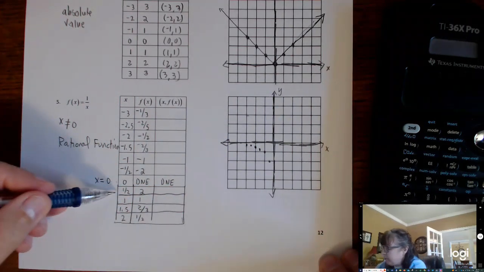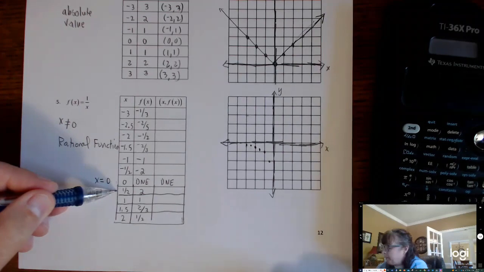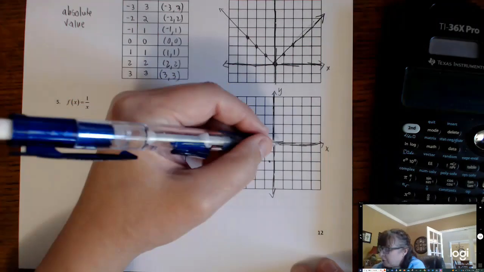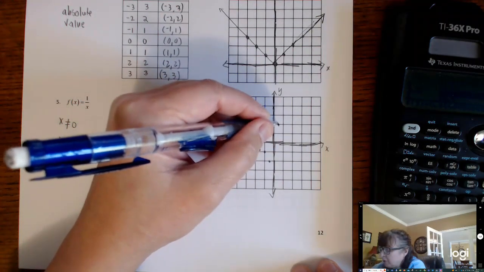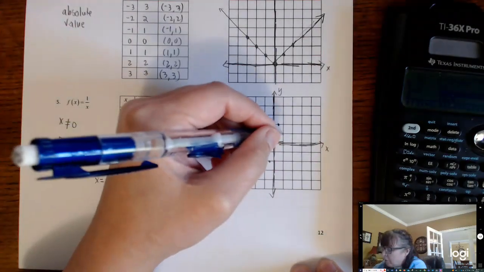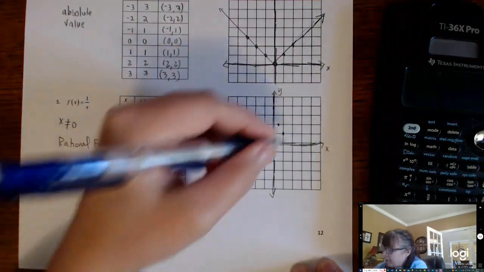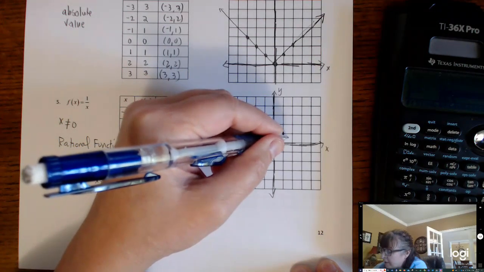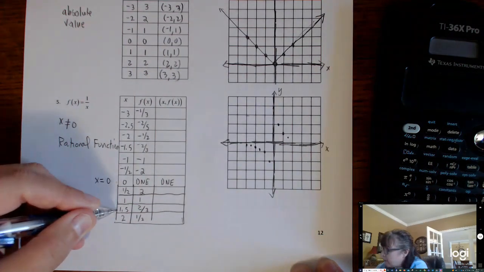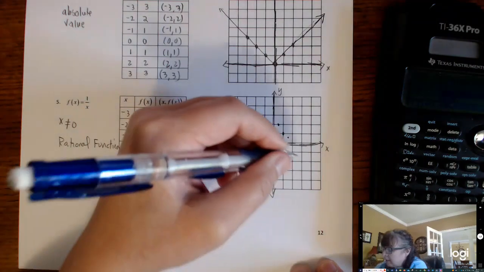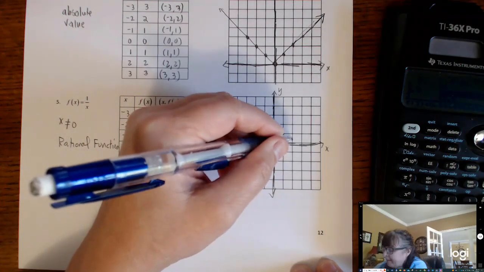Now watch what happens when you keep going. You have 1/2, 2, so go over 1/2 up 2, and over 1 up 1, and over 1.5 up 2/3, and over 2 to the right up 1/2.